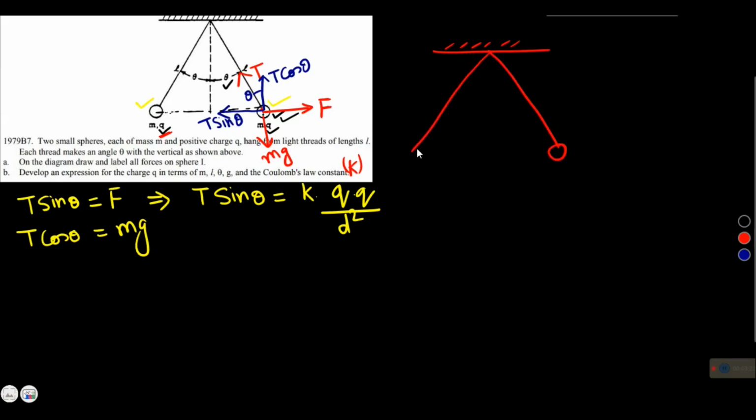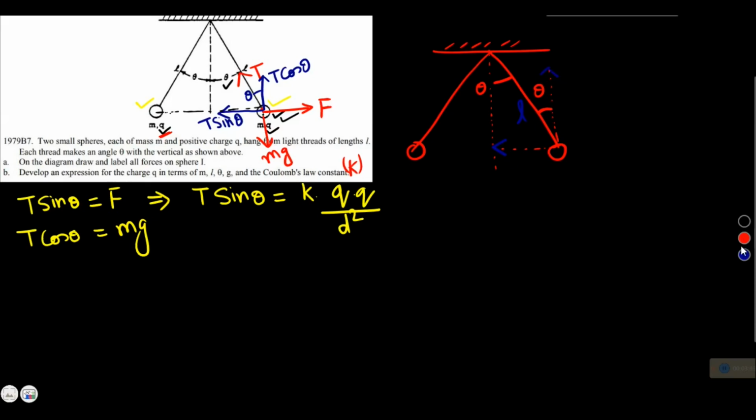Please see, this is the first, this is the second, and let us suppose this is our vertical line. This is angle theta, this is also angle theta. This is L. So what will be the component of this L?